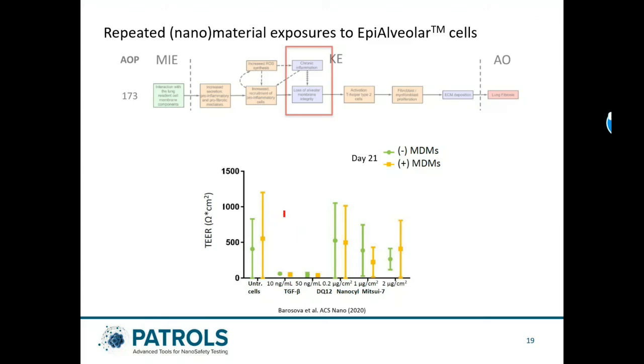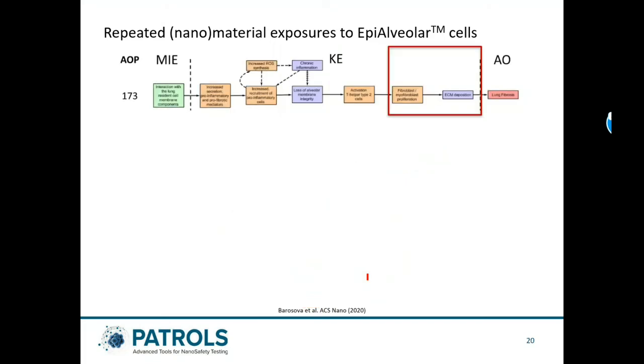The cells looked all good, but with this Millipore device, for each person who is using this system, you have some variability. However, for the positive control TGF-beta, we saw quite a decrease in TEER values, and for the materials, we have some indications that there is a loss of the barrier function, but it was not significant.